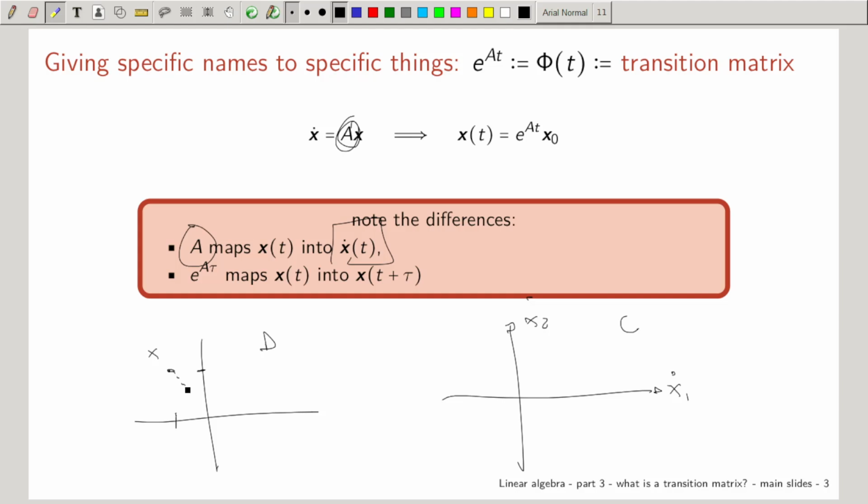This one might map into this point here. It means that this vector here, I take it and put it here, and I get kind of where the trajectory starts. Are we together on A? The effect of A is that A maps my state into the derivative of the state.